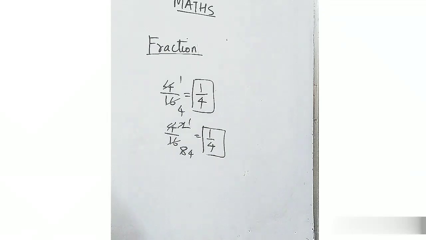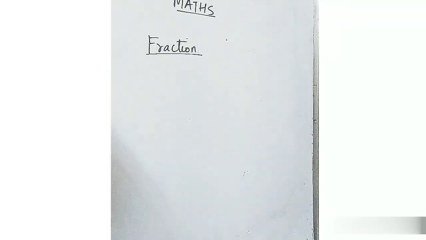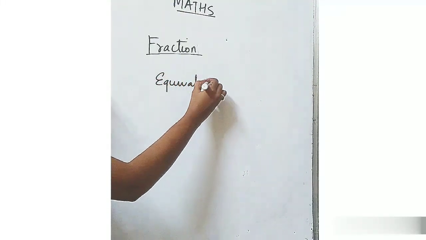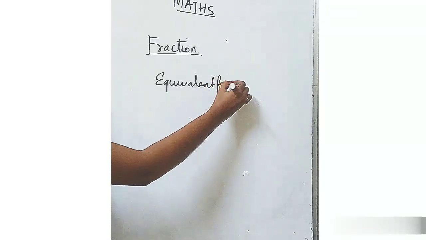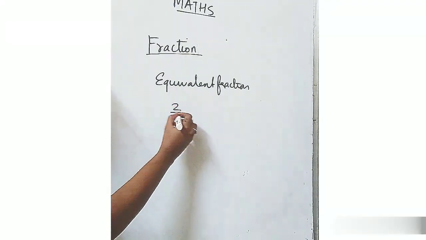Okay students. Now we will see about a type of fraction, that is equivalent fraction. Equivalent fraction can be obtained by multiplying a fraction. I am talking about 2 upon 3.